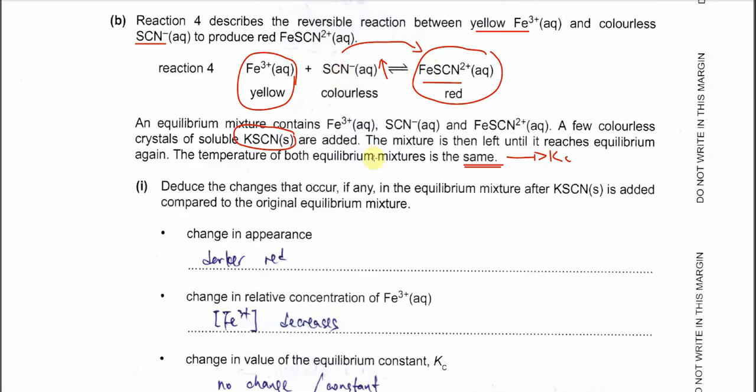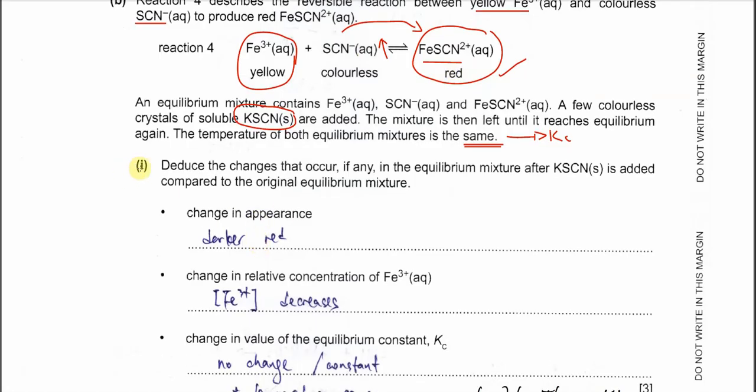So we know that the color change should be darker red once it has reached a new equilibrium, because the equilibrium shifts to the right hand side, which is more towards red color, so the color change must be darker red.